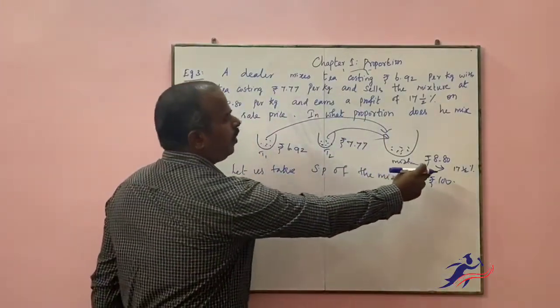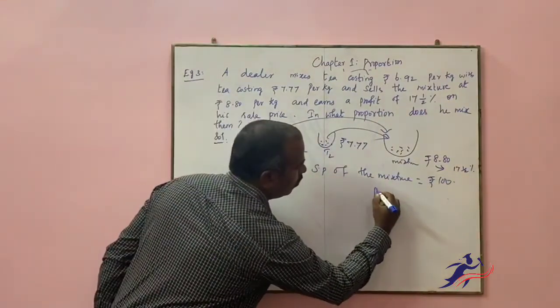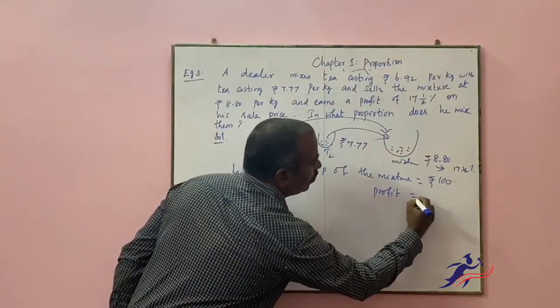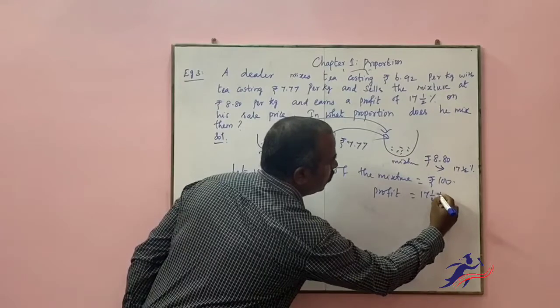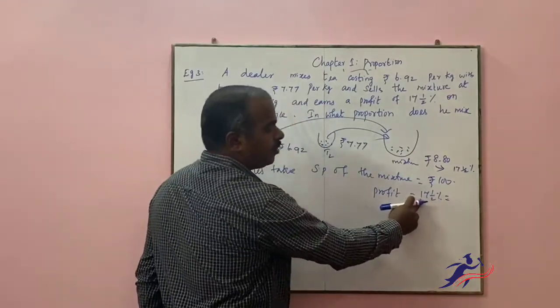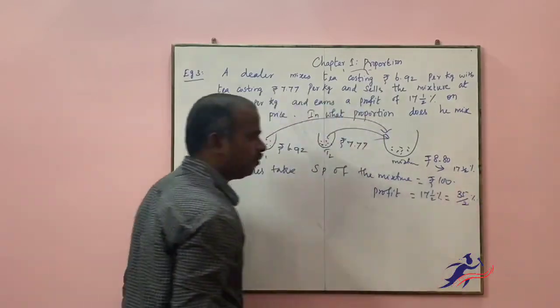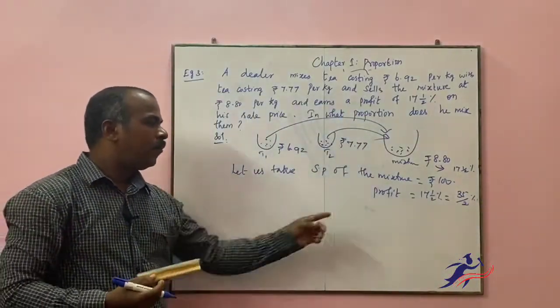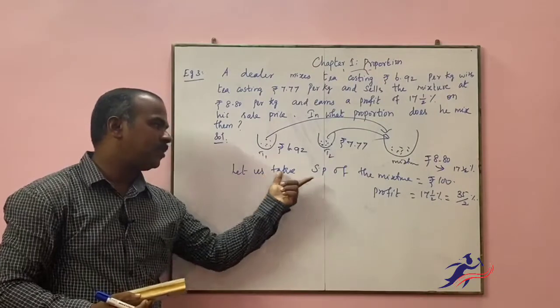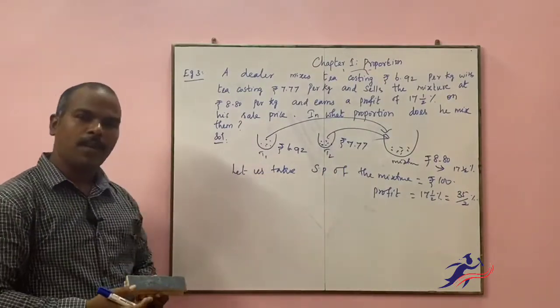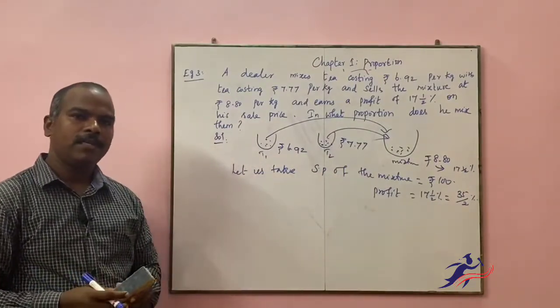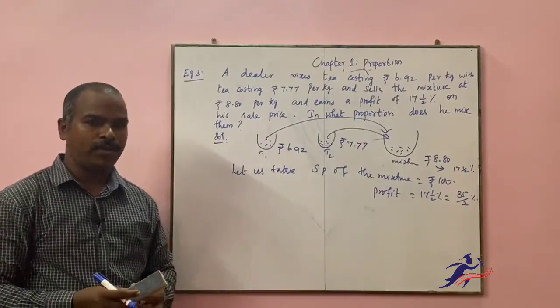Now it is given the profit is 17 1/2 percent, that is, 2 17s are 34, so 35/2 percent. From this we can find the cost price of the mixture, because we know the formula: cost price is equal to selling price minus profit.